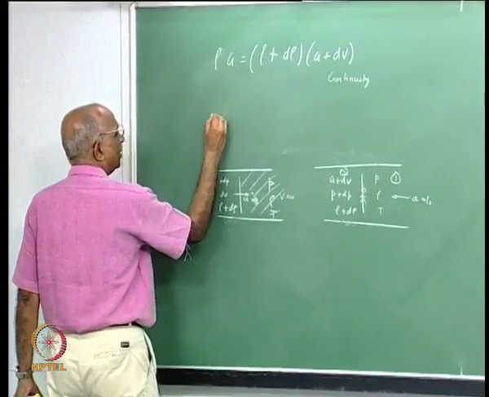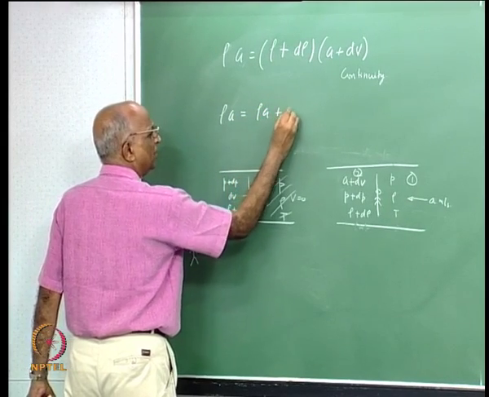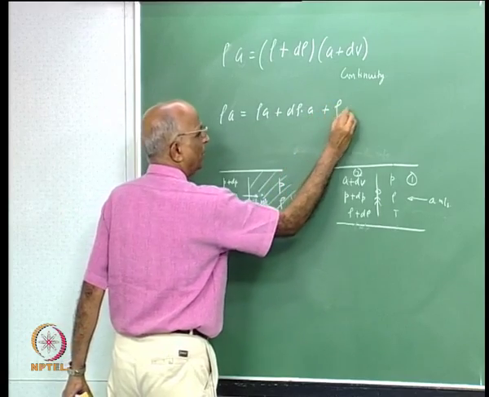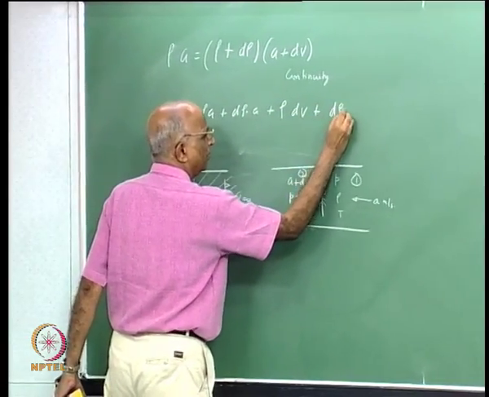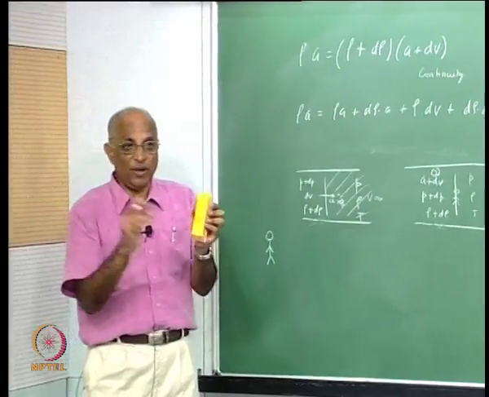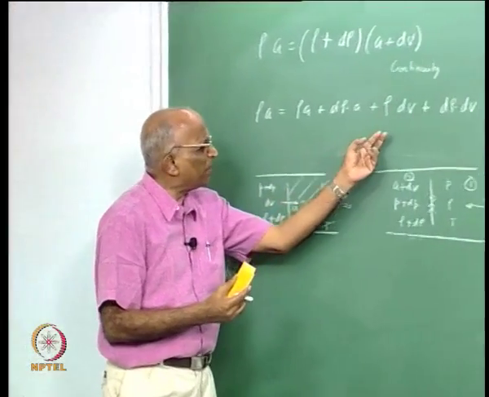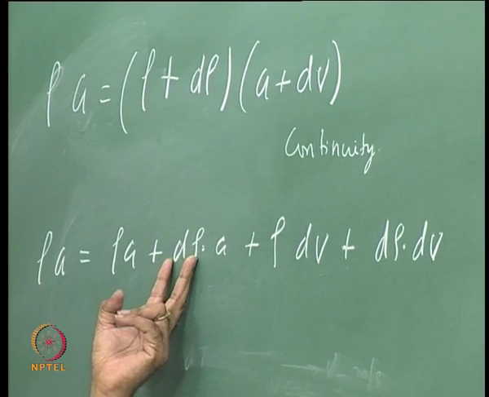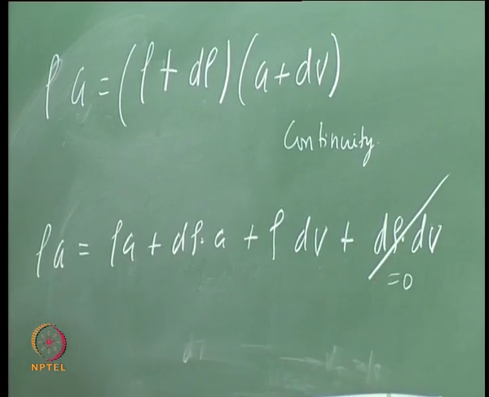Let us simplify it. I have rho a is equal to rho a plus d rho into a plus rho into dV plus d rho into dV. But mind you, we are talking of a sound wave travelling at a speed a meters per second. We also know that the pressure perturbations are small, dV is small, the density perturbation d rho is small, therefore for all practical purposes I can say the product d rho dV is equal to 0.